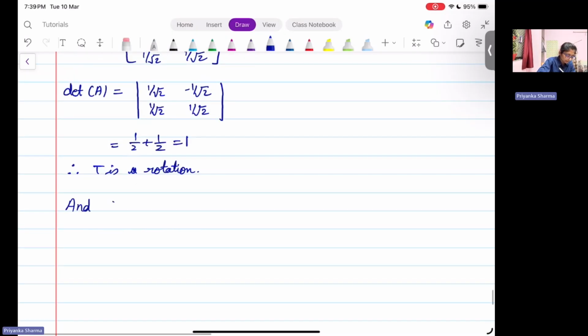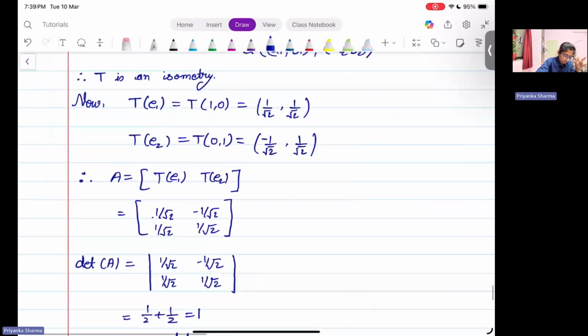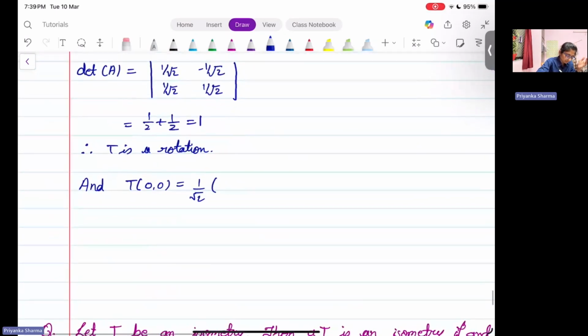And the action of T on origin, this is 1 by root 2, A minus B, A plus B. Okay, so this will be the same 0, 0.